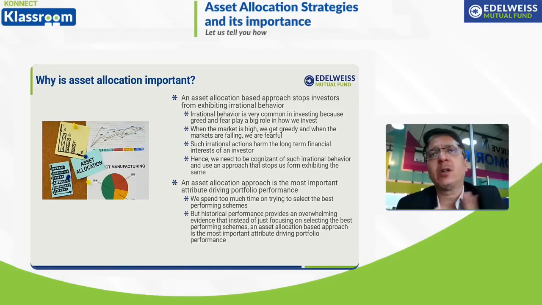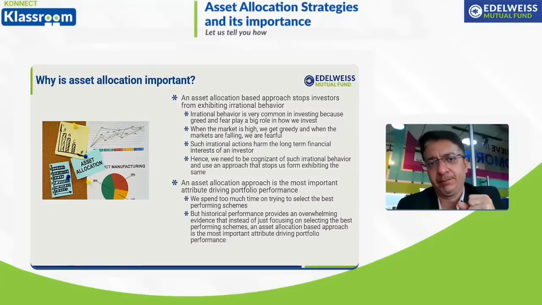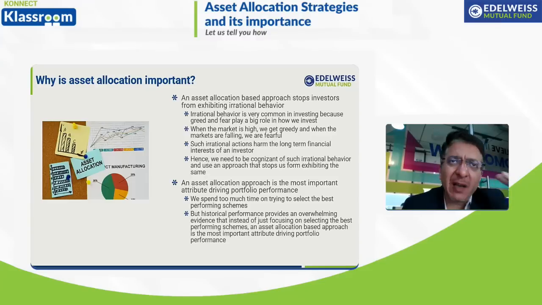And why are these important? Very honestly, the first and most important reason why these need to be put into place is that when you have an asset allocation strategy in place, this strategy stops us from exhibiting any kind of irrational behavior. If the markets are going up, I will not get greedy because I have a strategy.